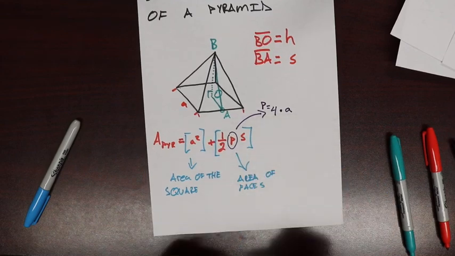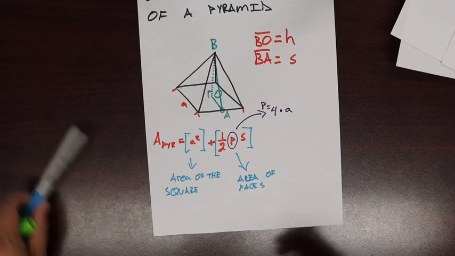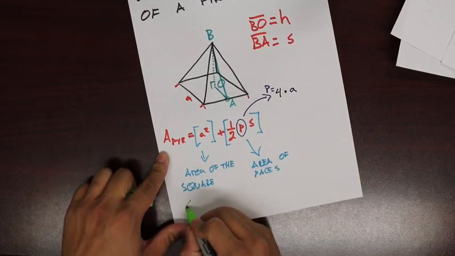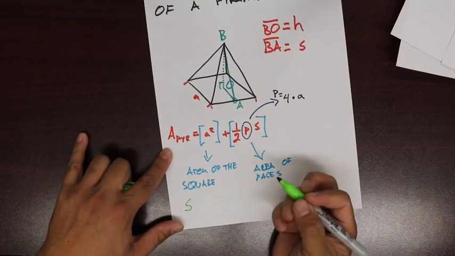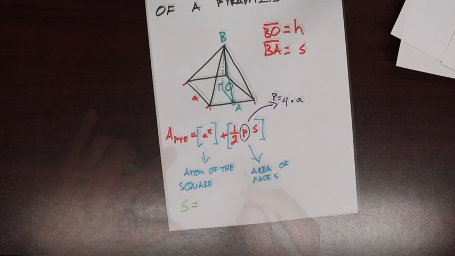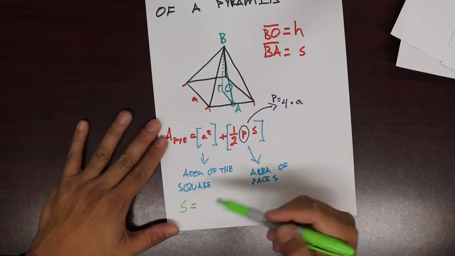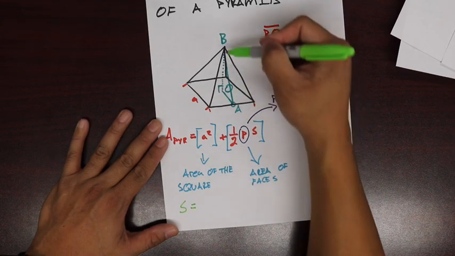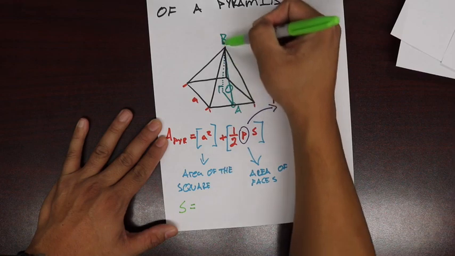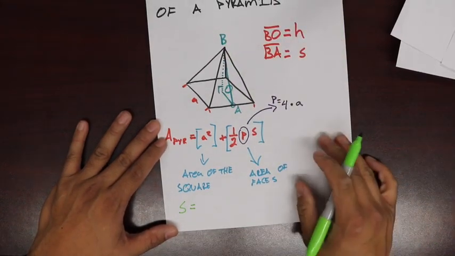Now this S, what is this S? This S gets a little bit tricky. S is going to be equal to, what we're looking for is essentially this value right here, the length of the side.